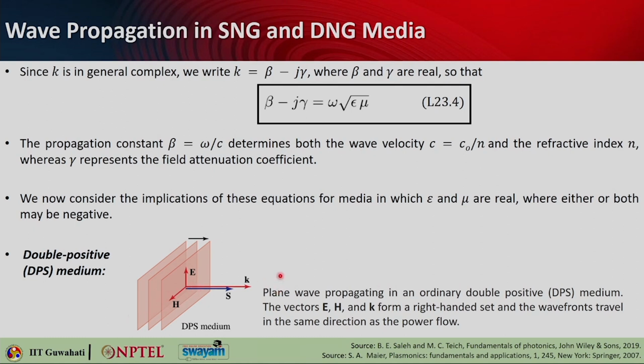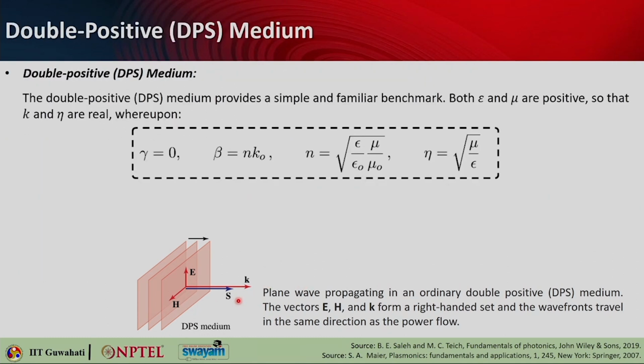wave propagation, as I told you, the wave vector can be determined from the right hand rule. So E, H and K form a right-handed set, and the wave front will travel in the same direction as the power flow, that is the Poynting vector. So S and K are in the same direction.